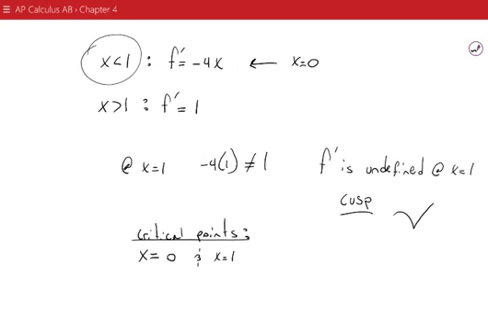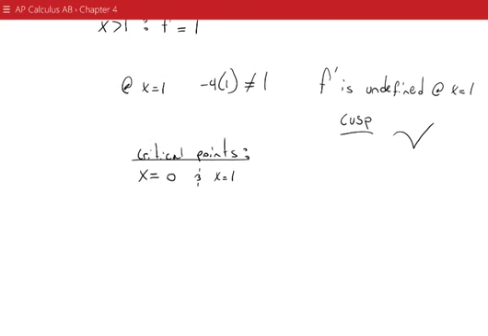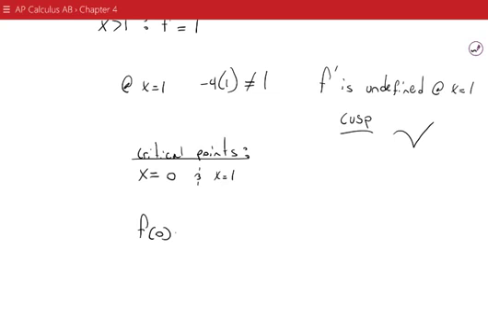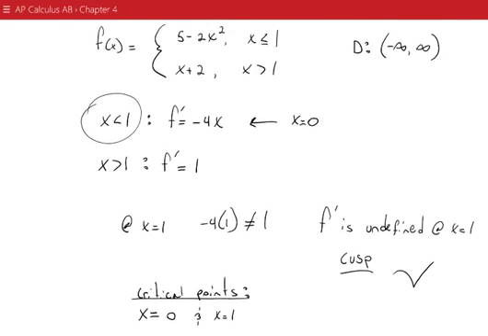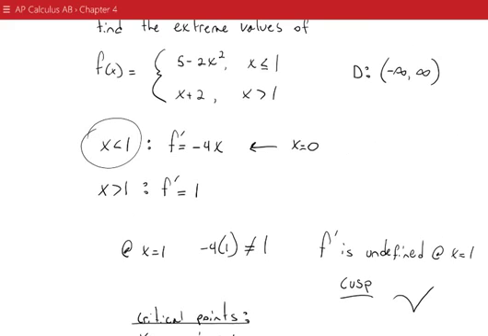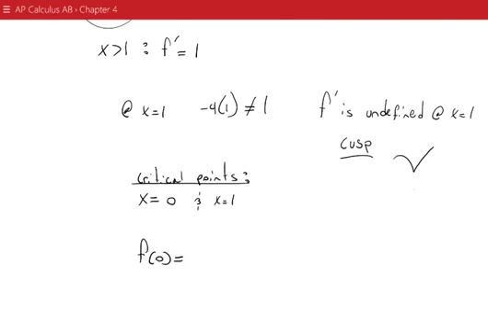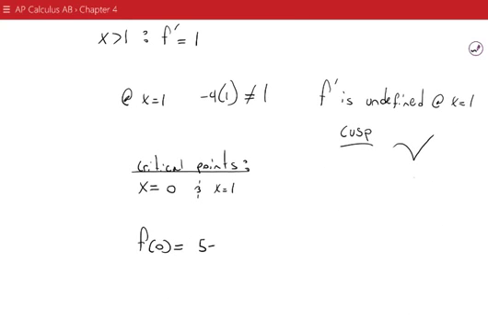In order to determine whether these are max or mins, we're going to need to look at their value. So we can see f of 0. Now we're going to evaluate that using the top function because 0 is less than 1. So we're going to have 5 minus 2 times 0 squared.